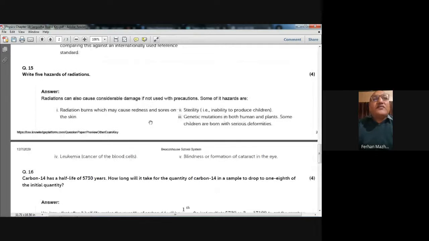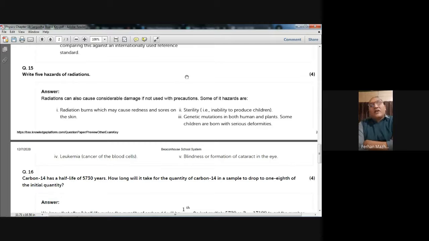it's a 4-mark question on your screen. I hope you can see that. It says write 5 hazards of radiations. Whenever you are exposed to radiation, they are harmful.